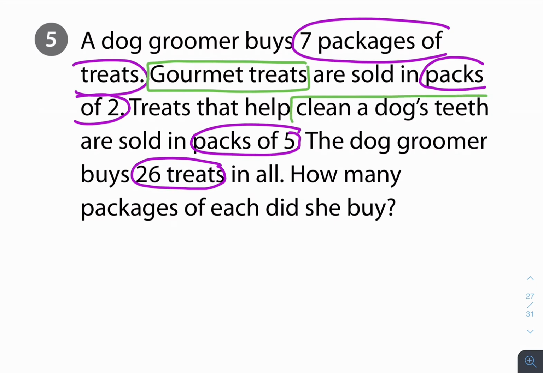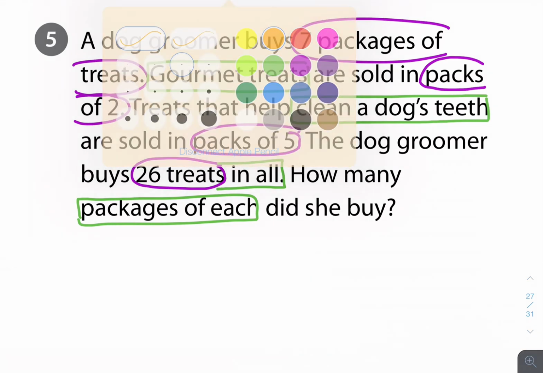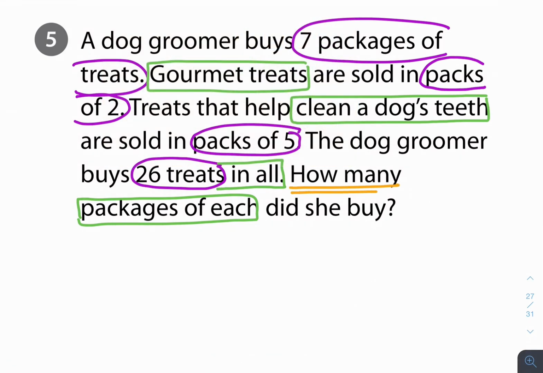The teeth cleaning treats are sold in packs of 5. 26 treats are bought in all, right? How many packages of each did she buy? And I'm lastly going to underline the question, how many packages of each did she buy?